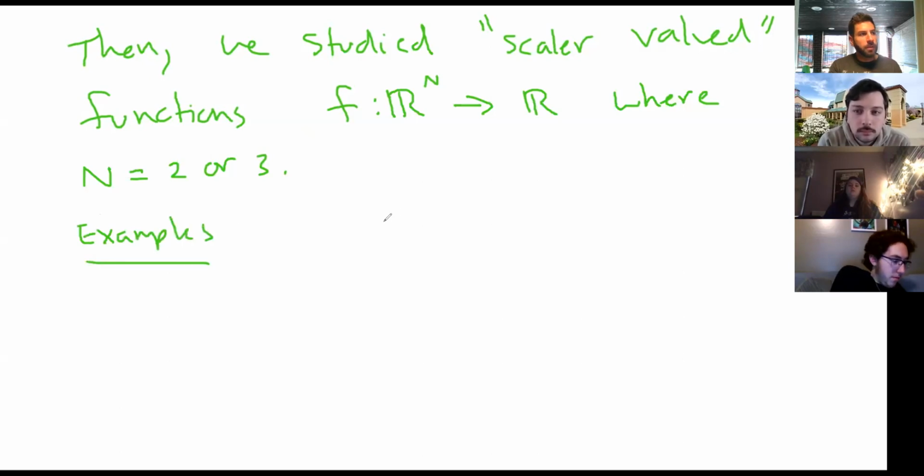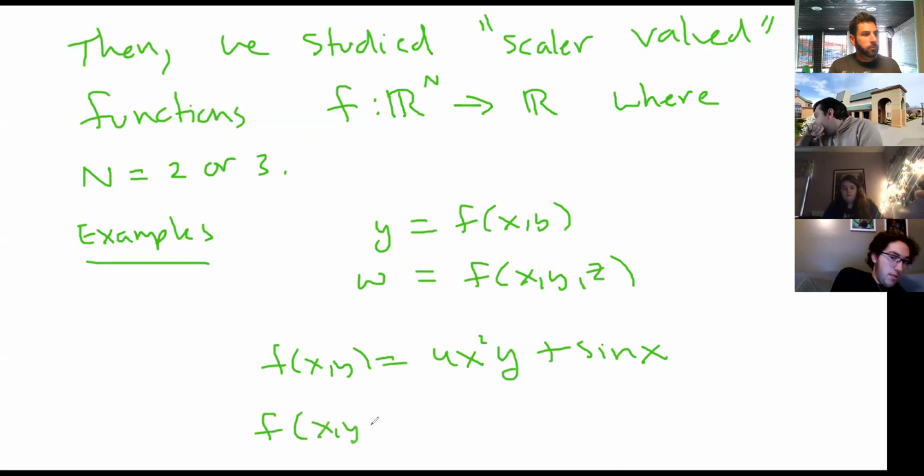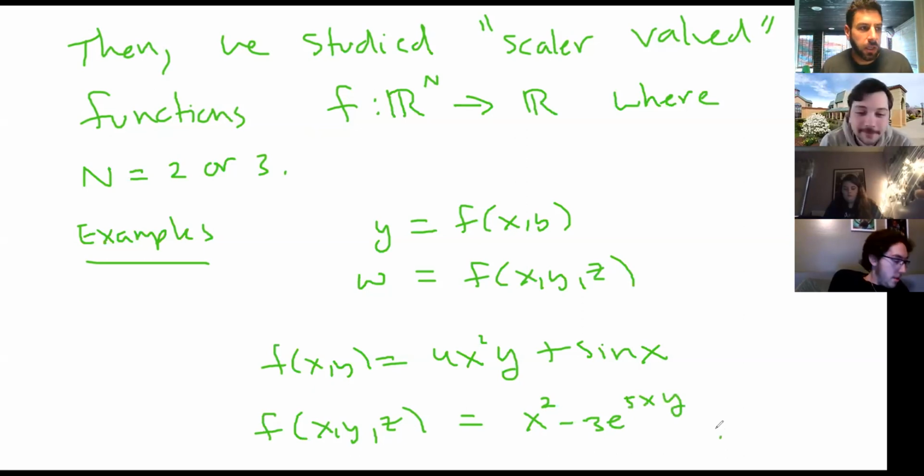Well, something like y equals f evaluated at x, y, or w equals f evaluated at x, y, z. And some specific ones might be f of x, y equals 4x squared y plus the sine of x. So these are examples of functions where you give it 2 or 3 numbers and it spits out one number.